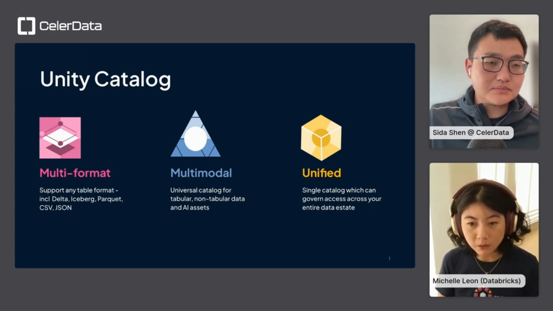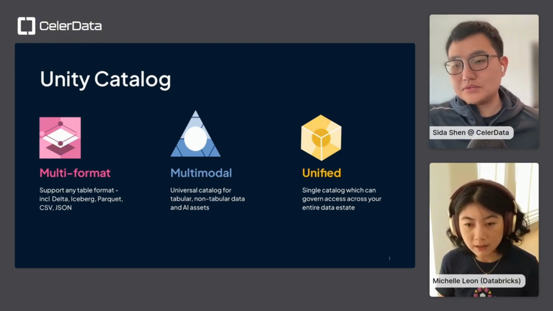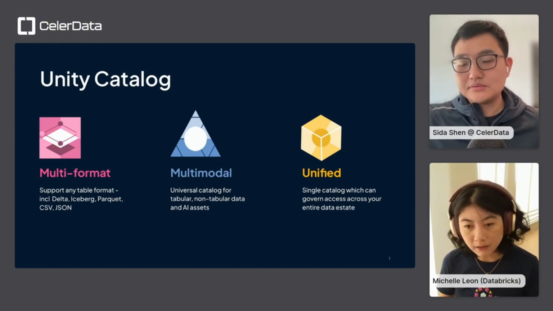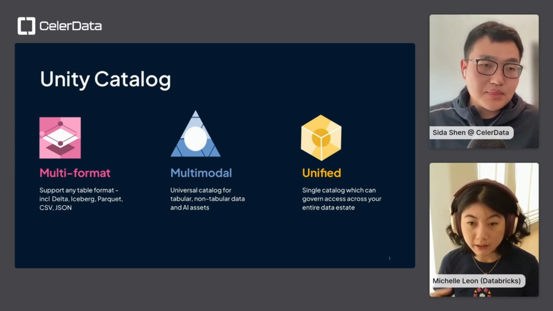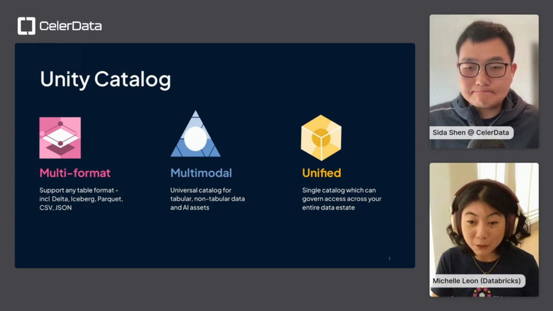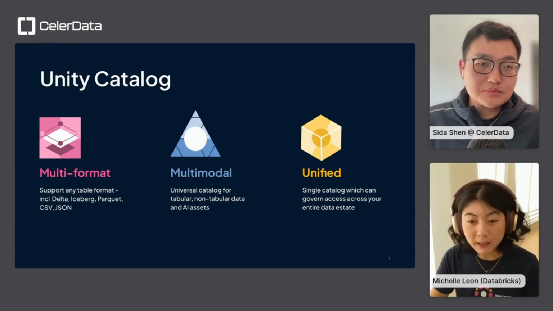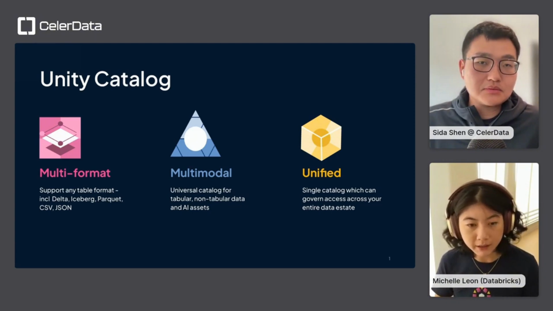So you're able to govern and manage all of these things together. And then finally, the essential piece behind Unity Catalog is that it's unified. So you get this unified view to discover, govern, and do auditing and lineage across your entire data estate.